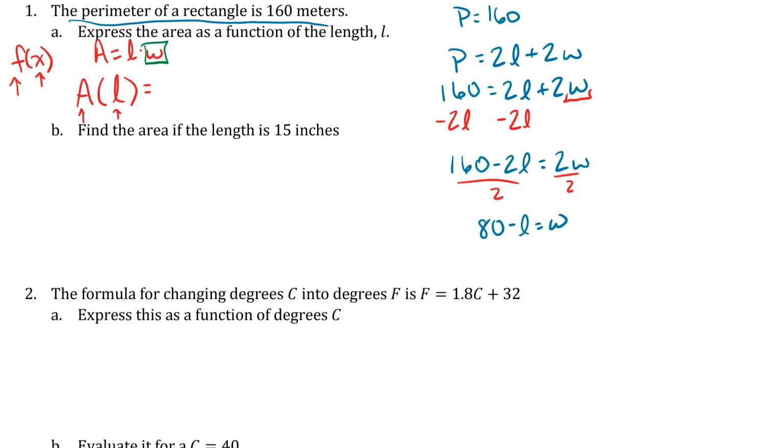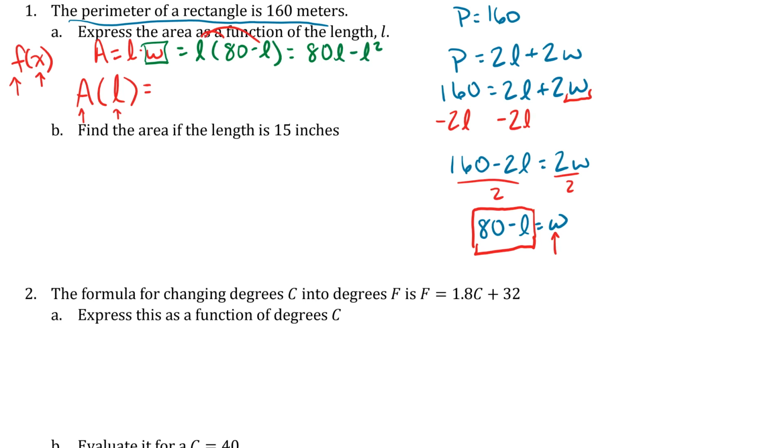That's perfect, because now we have something to replace W with. Coming back to A equals L times W, W can be replaced with 80 minus L, so we have L times 80 minus L. If we distribute that, we get 80L minus L squared.